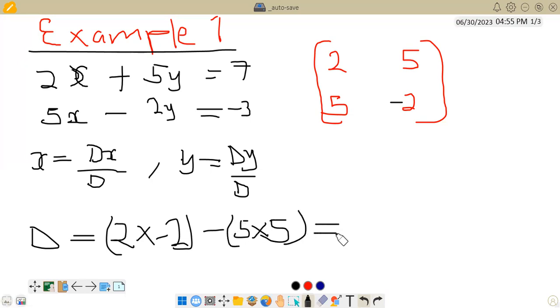If we simplify here, it will be negative 4 minus, we have 5 times 5, which is 25. So negative 4 minus 25 is negative 29. That means our determinant here is negative 29.